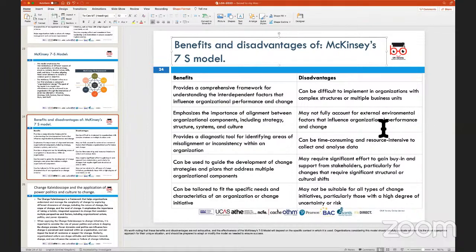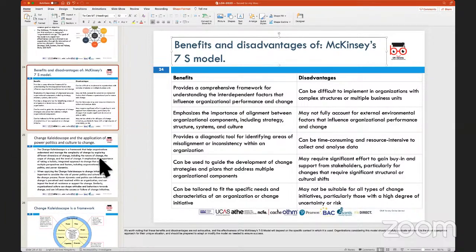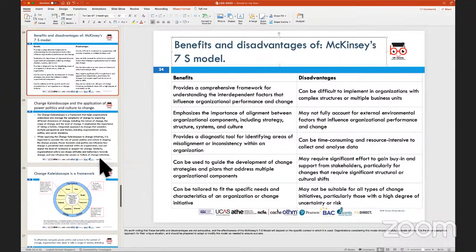That is where the organizations have to very carefully select these models before they use them to be able to bring across change within the organization.